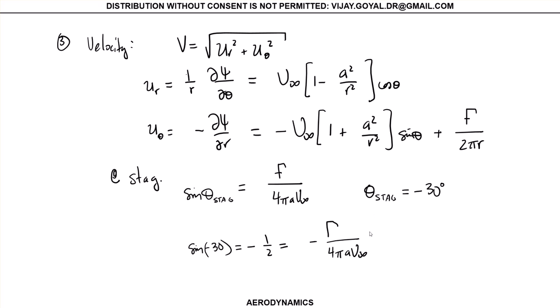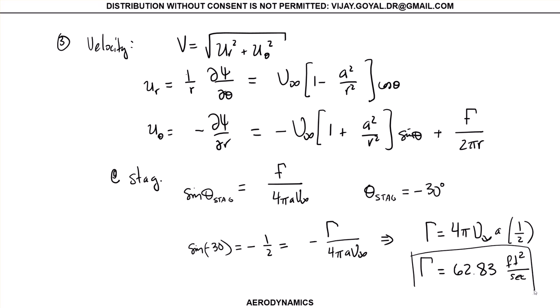Then from here, you can solve for gamma, and that gives you 4 pi U infinity a times 1/2, which gives you 62.83 feet squared per second, and that's the value of your circulation. Okay?